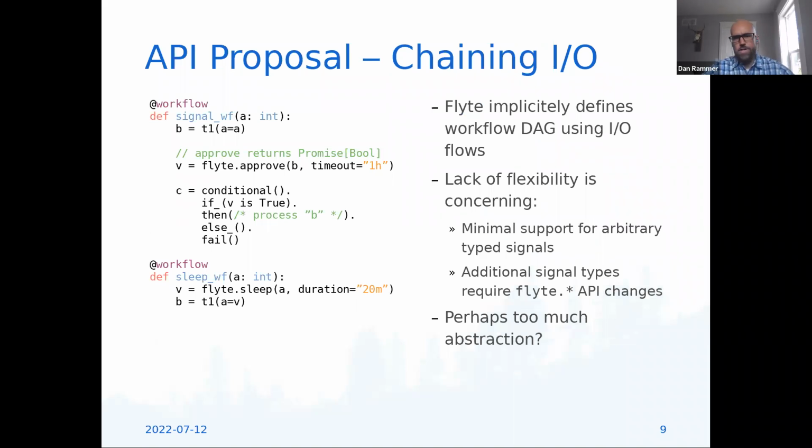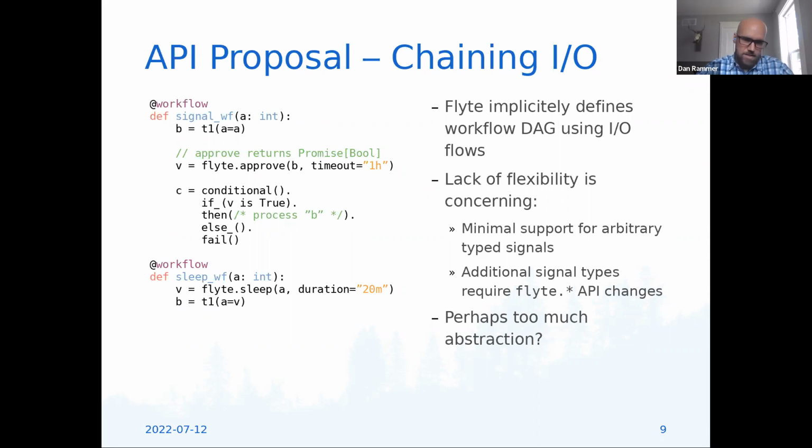Another competing one is chaining IO. So the FlyteKit API, if you look at it from a high level, implicitly defines the workflow DAG using IO flows. You execute a task that returns a value, you pass that value to some other task, and that defines what the dependencies between all of this data are. So in this one, you have something like a flyte.approve over the data that takes a value as part of that function call and returns another value.